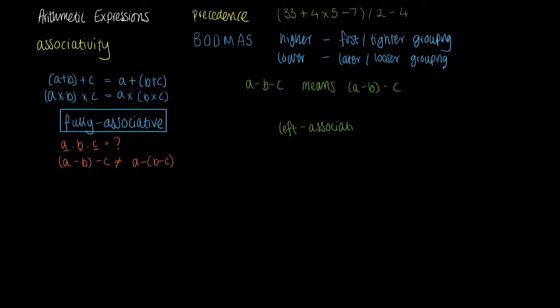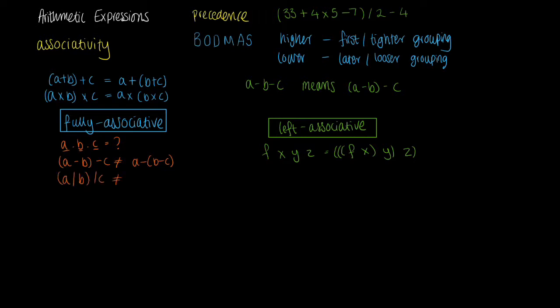Eventually, we'll see in Idris that function application also associates to the left. Similarly for division, (A divided by B) divided by C is not equal to A divided by (B divided by C). We don't see division as often as subtraction, but the convention is the same, left associativity.